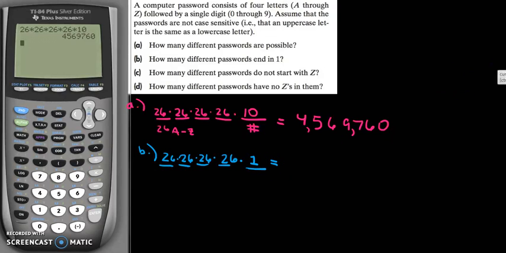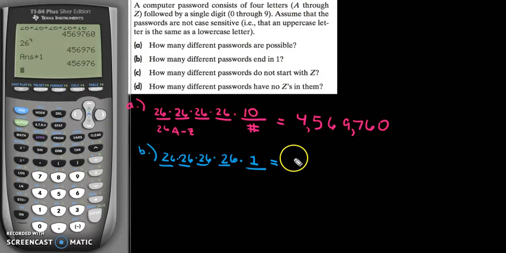So it looks like for that, that's 26 times 26 4 times. Maybe just to save a little bit of time, I'll use the exponent here. This button means the exponent, the little caret it's called. So 26 to the 4th times 1. And obviously multiplying by 1 doesn't do anything, so if you don't want to type that, you don't have to.